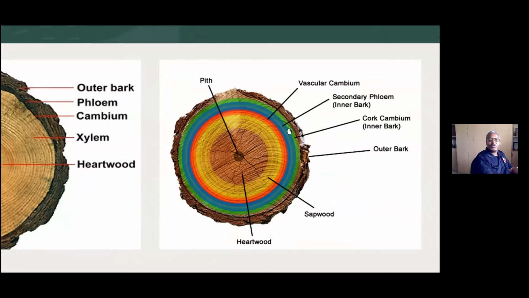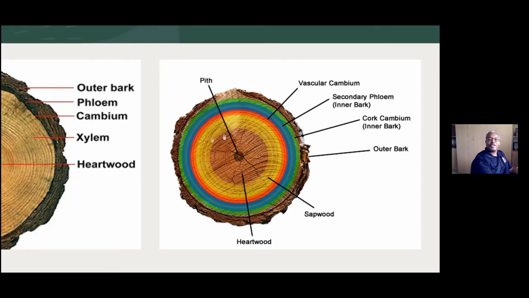As you can see with the different colors, you can see the actual parts of a cross section of a tree. For example, you have the outer bark, you have in this green area here, inner bark, or it's part of the cambium called the cork cambium.